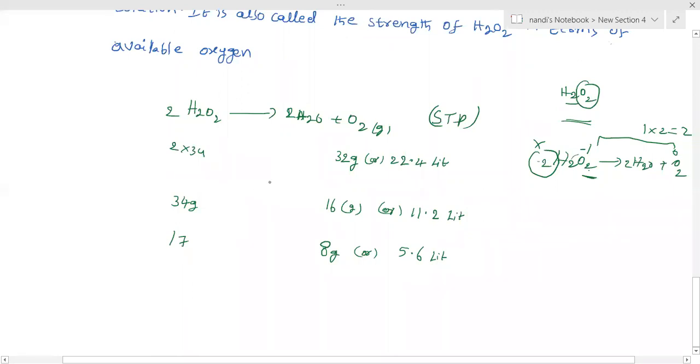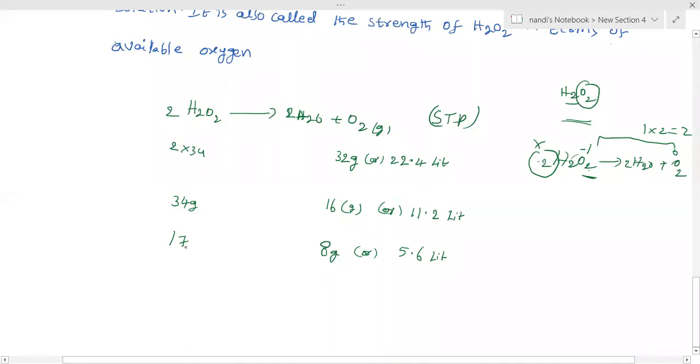Any doubt here? So I'm taking this as a 1 liter solution, sir. H2O2 is 1 liter I'm taking. Suppose 17 grams per liter means that is the strength of solution.